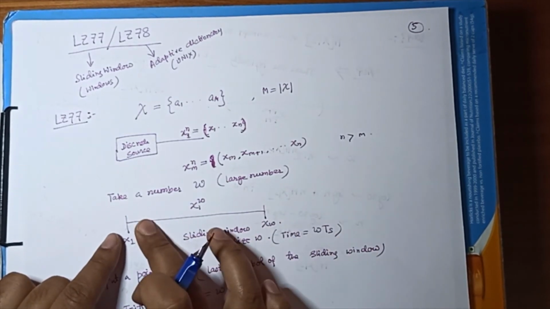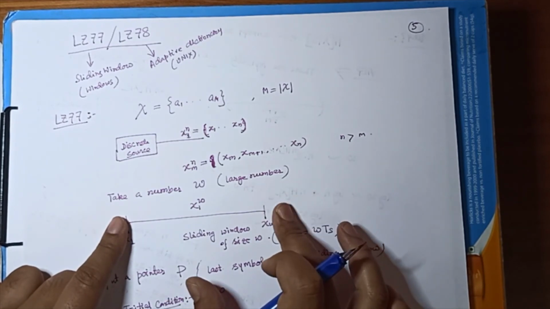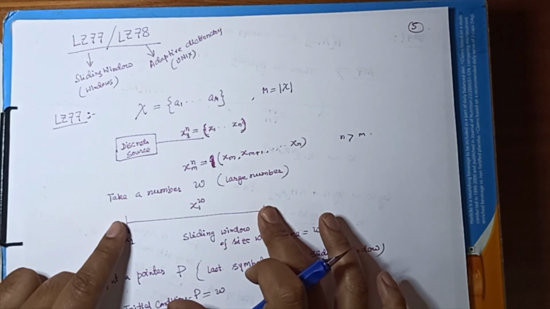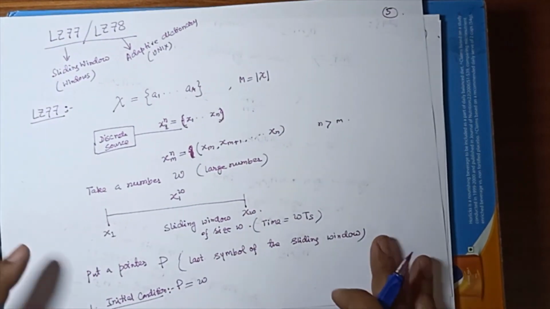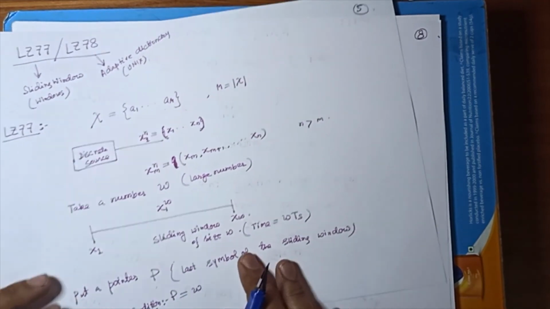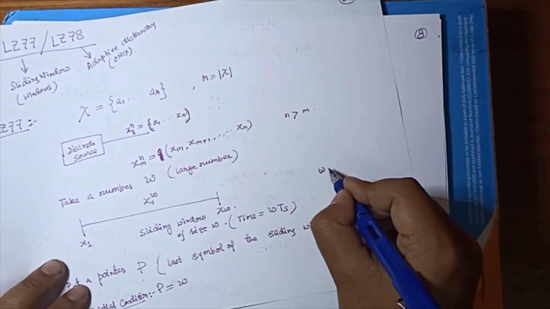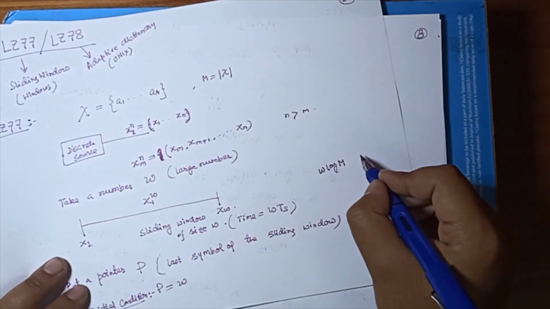So each symbol you encode using log m, but this will happen only once. So in the asymptotic case, that initial preamble will not harm much. The initial part will take a total of W into log m number of bits.